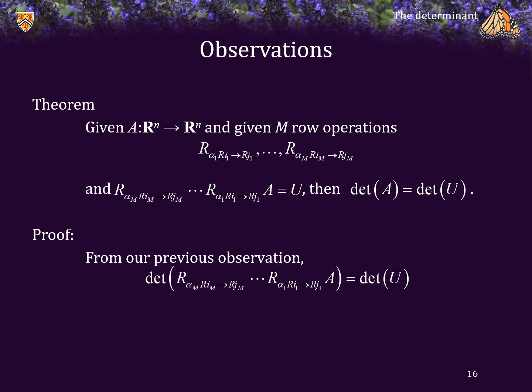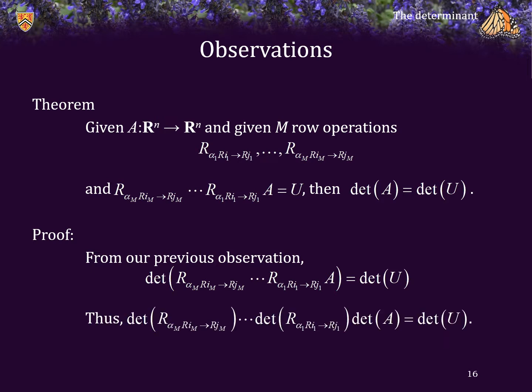Proof. Well, if this product of row operations applied to A gives us the matrix U, then the determinant of the product of matrices equals the determinant of U. Now, the determinant of a product of matrices is equal to the product of the determinants.